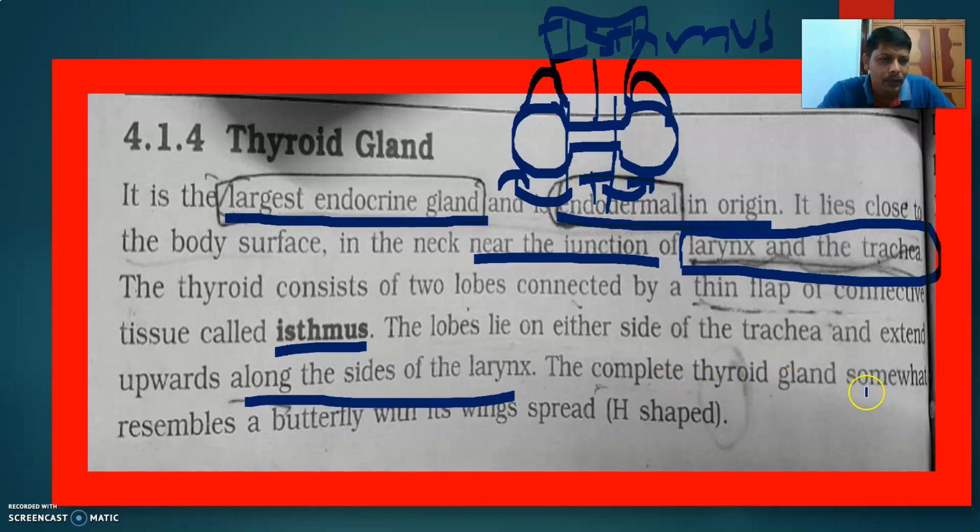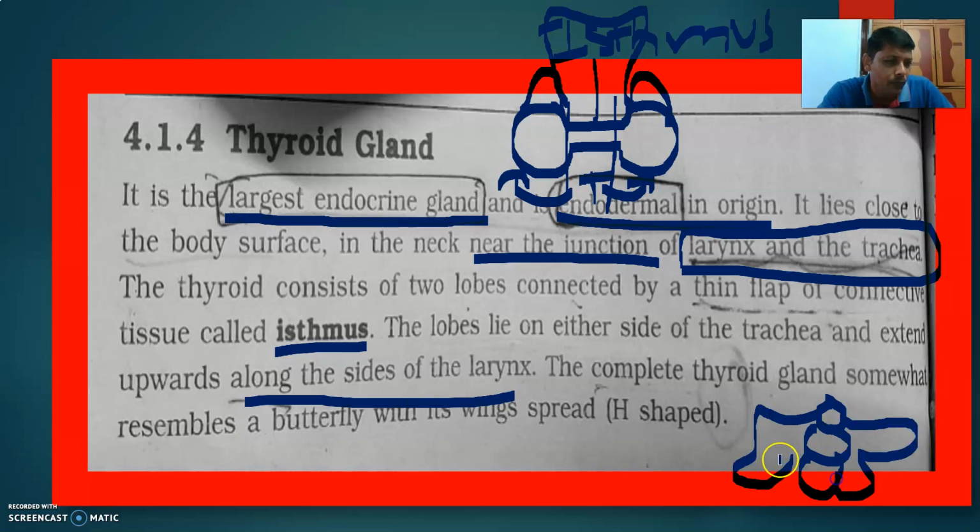The complete thyroid gland somewhat resembles a butterfly with its wings spread, an H shape. In the middle is the isthmus. This is one lobe and this is the other lobe, and between these two is the isthmus, in an H shape.